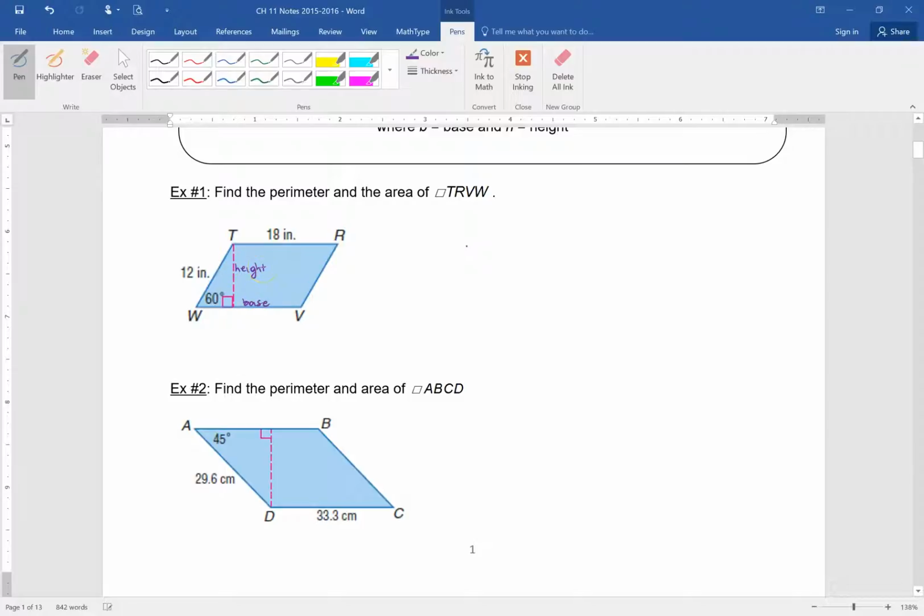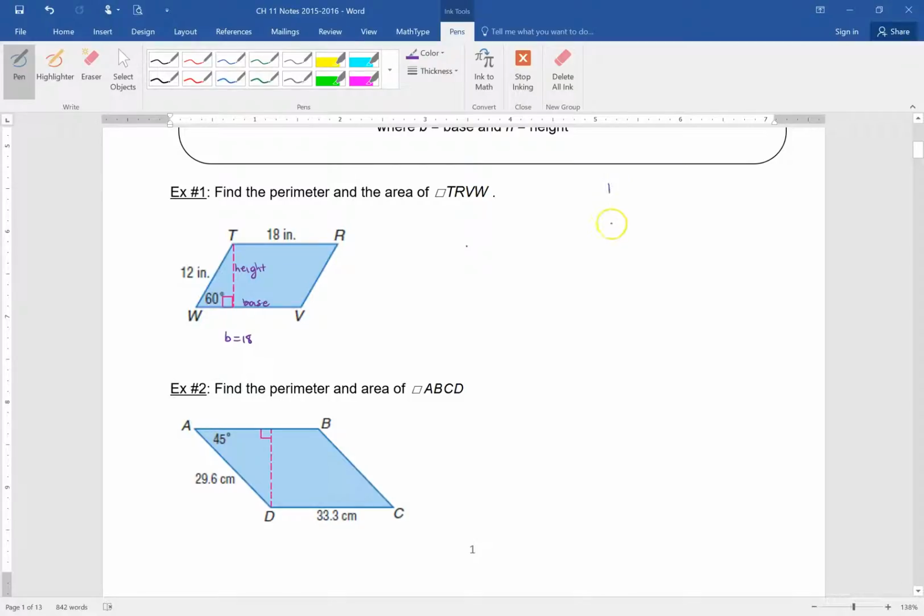If we know that this is 18, then my base is equal to 18. What I don't know is how big the height is, but luckily I'm given an angle, which is 60 degrees, which should remind you of special triangles.